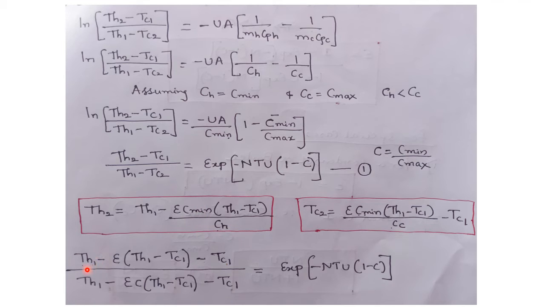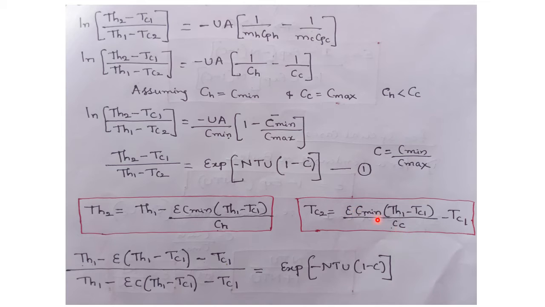So my equation will be Th1 minus epsilon into (Th1 minus Tc1), then minus Tc1 as it is, in the numerator of equation 1, divided by Th1, which I have kept as it is, minus Tc2. The Tc2 value I will substitute from minus epsilon into C minimum divided by Cc, where Cc is C maximum in this equation.